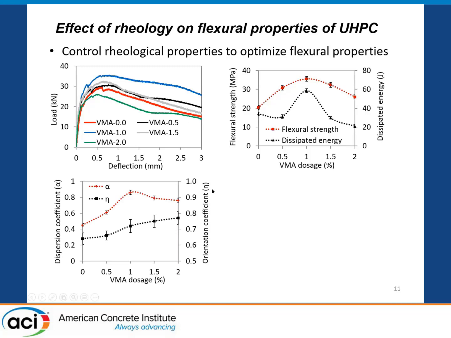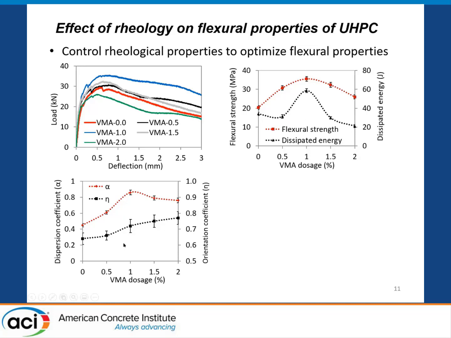The reason is that when we add 1% of the VMA, the viscosity of the suspending mortar leads to fibers having relatively high eta values, the orientation coefficient, and leads to the highest dispersion coefficient.